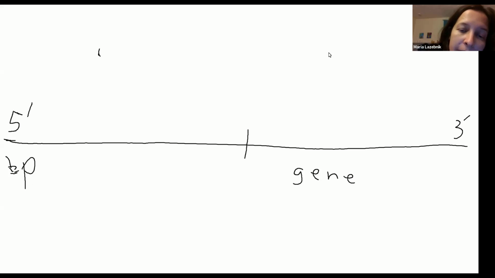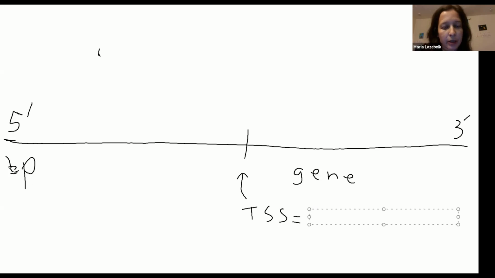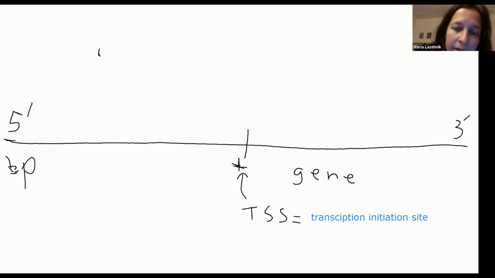And somewhere here we have a site called TSS, the transcription initiation site, +1. So this is where the first nucleotide occurs that will be transcribed in mRNA.